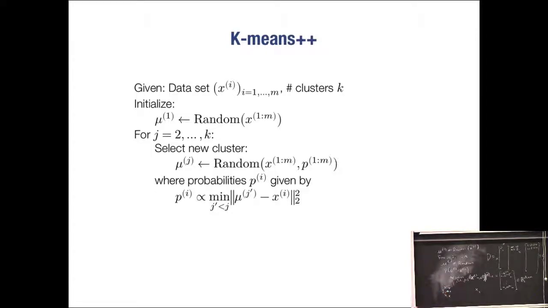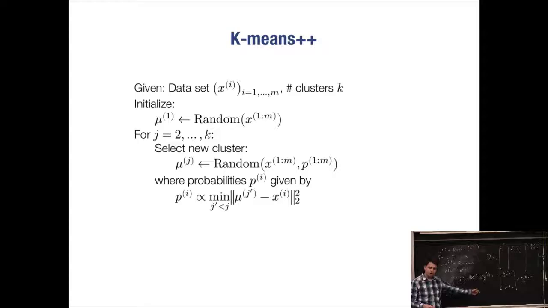If I just sample randomly, chances are I'm going to get 2 points from this cluster right here. That's just the odds. But if I have my first center in there, I weight all these points by their distance to the closest center. These points out here have a much higher distance from the existing center than the points here, so they get much higher weight in my sampling distribution, and we pick them with much higher probability.